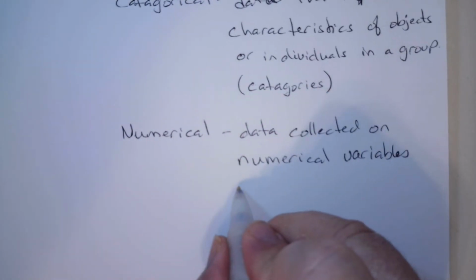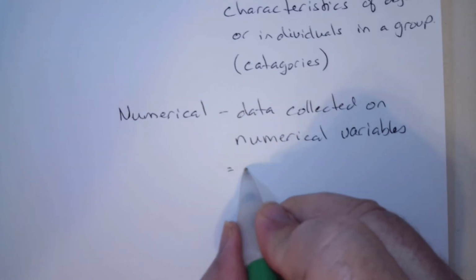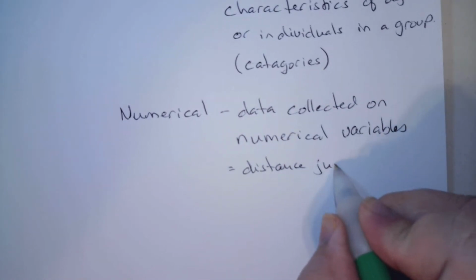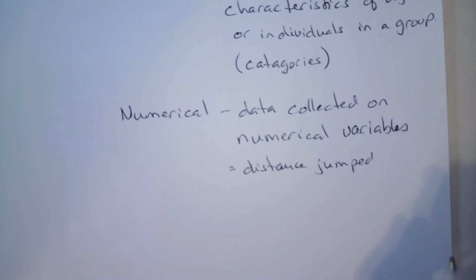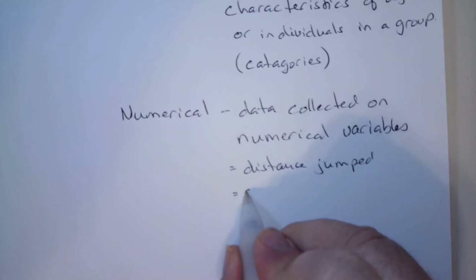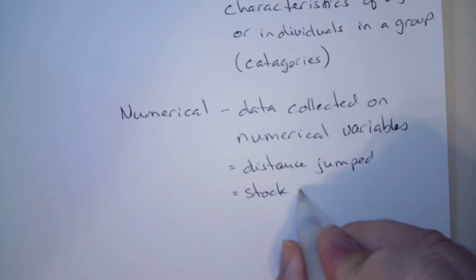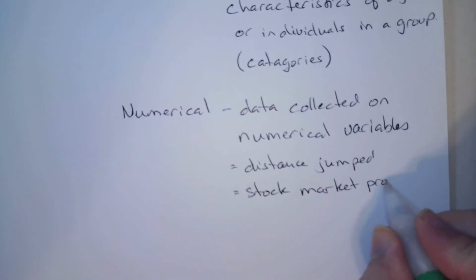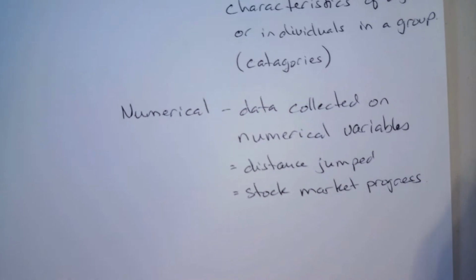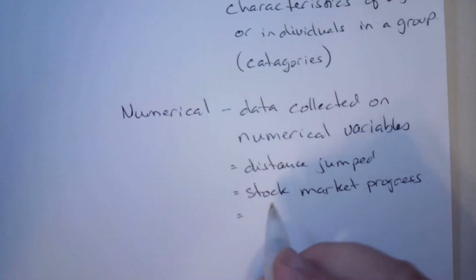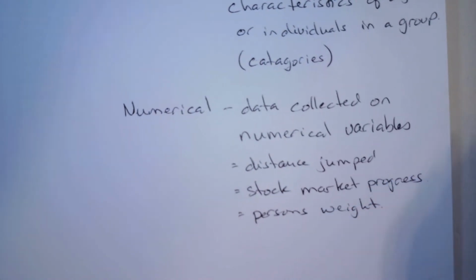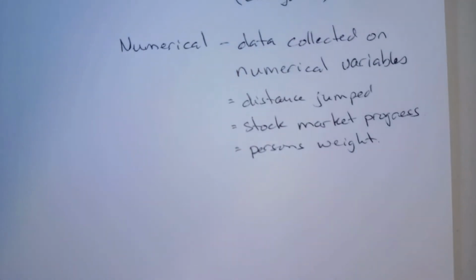For example, distance an object jumps. Stock market progress. A person's weight. Not this time of year.